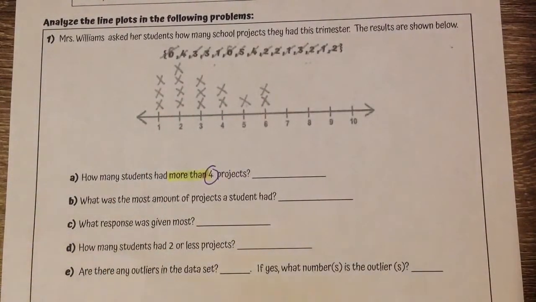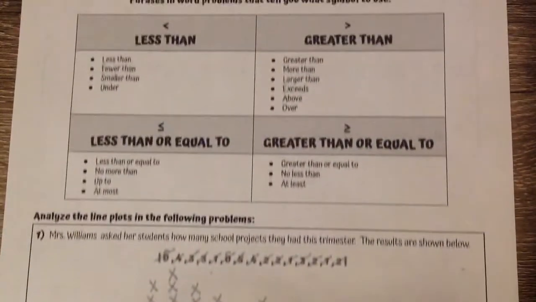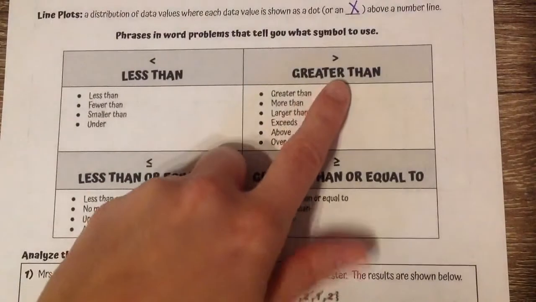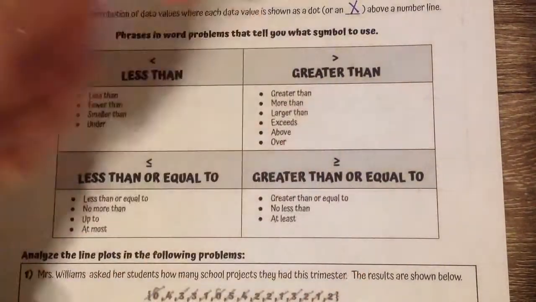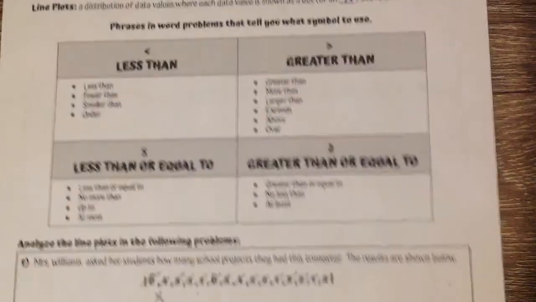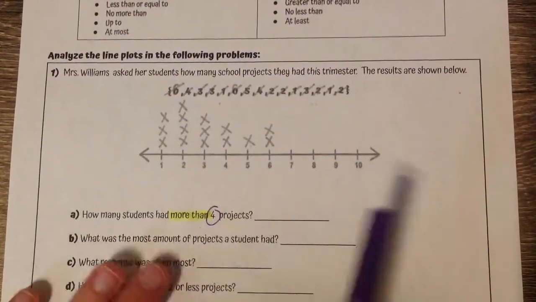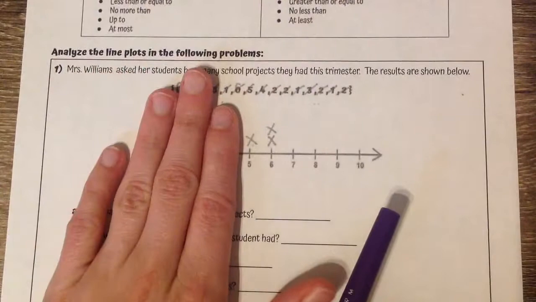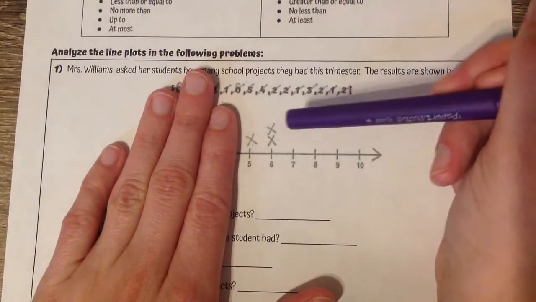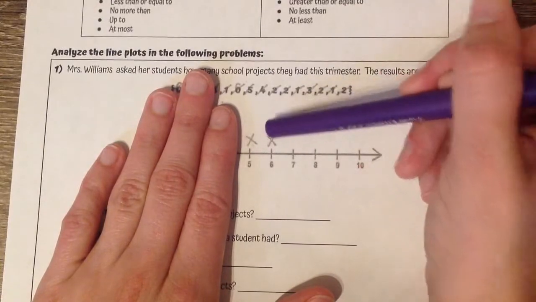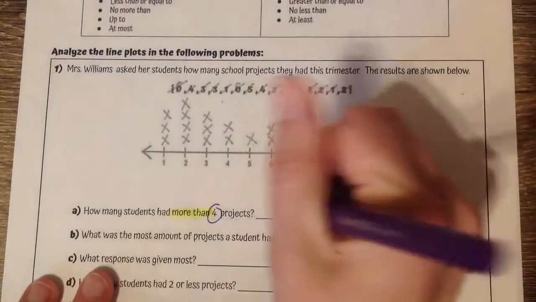Looking at my chart up here, more than is talking about greater than. So those are values that are going to the right, they're bigger than the value. We want to know numbers that are more than 4, so we're not including 4, and we're not including anything less than that. How many students had projects that were more than 4? 1, 2, 3 students.